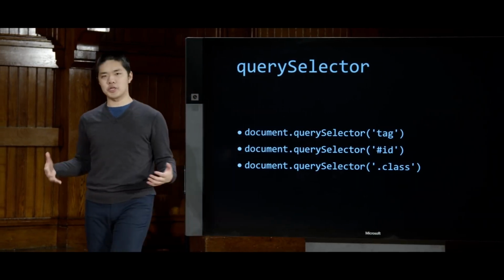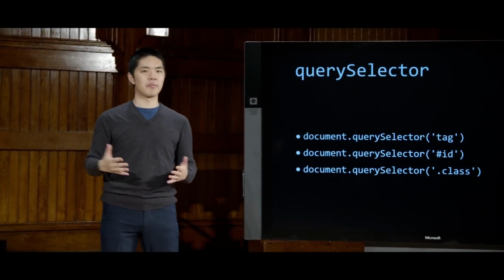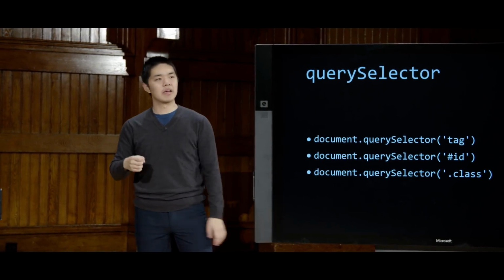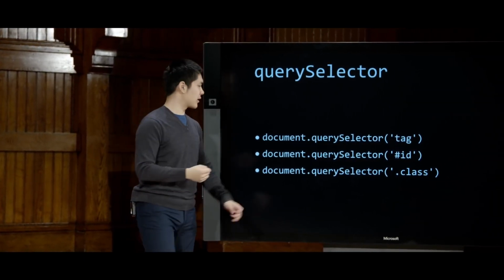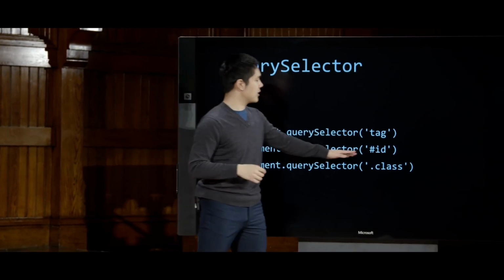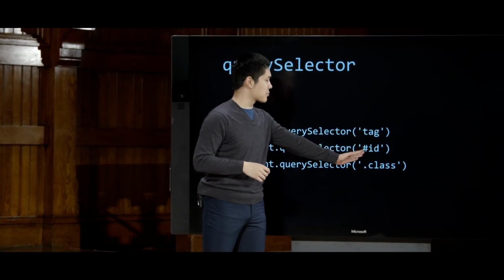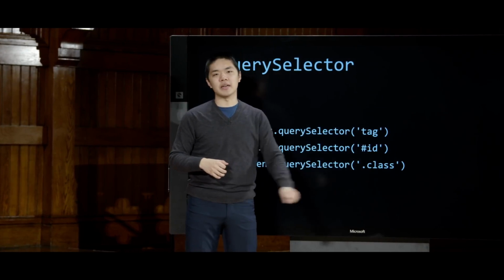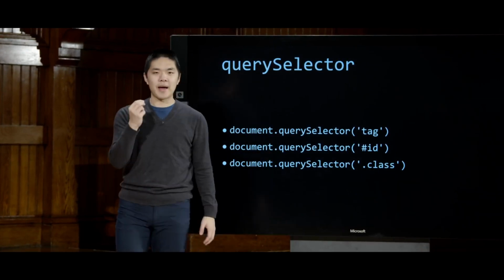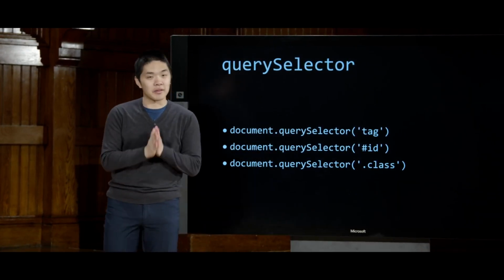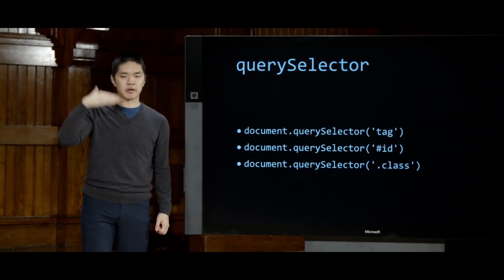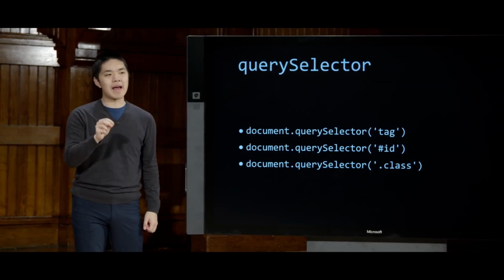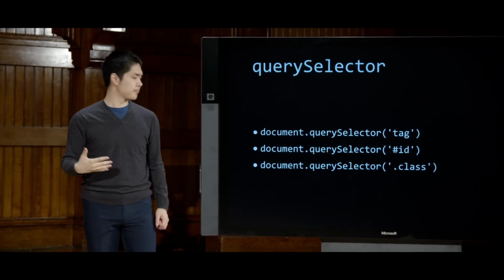But if there are multiple h1 elements or multiple buttons or multiple forms, I can be more specific than that if, for example, an element has an ID. In which case I can say document.querySelector, and then in quotation marks, the hash mark, and then the name of the ID, to say, get me the element with that particular ID. Again, using the exact same syntax that CSS uses if I want to apply a particular set of styles to only one element that only has one ID.